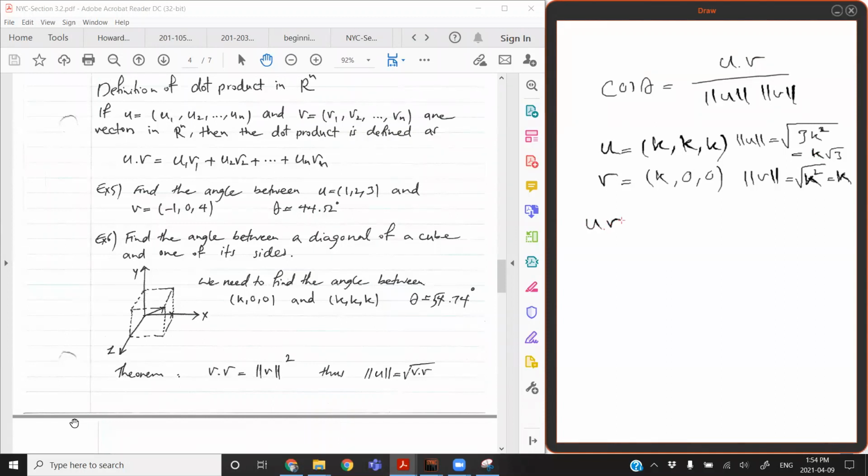What about u dot v? If I multiply these two and these two and these two and add them up, I'm going to get k squared.